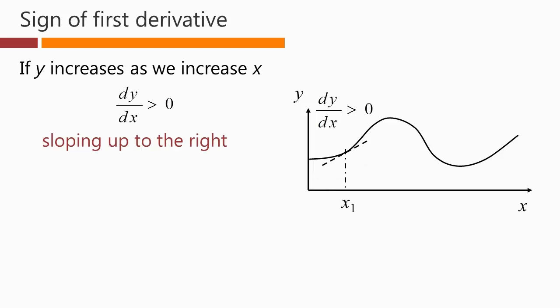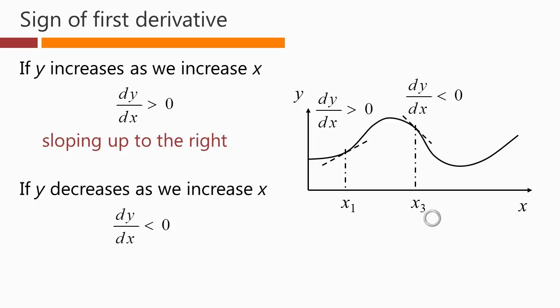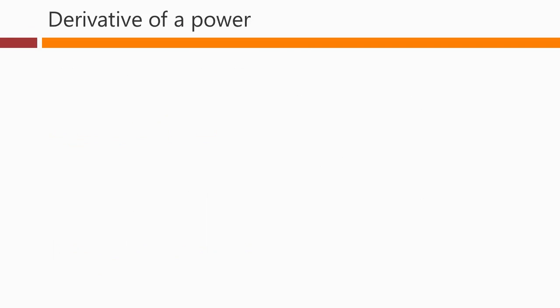We're sloping up to the right, and that means dy by dx is greater than 0. If y decreases as we increase x, which is what we see over here at our point x3, then dy by dx is less than 0 because y has decreased as x has increased. And here we're sloping down to the right. So when we're sloping down to the right, the derivative dy by dx is less than 0.